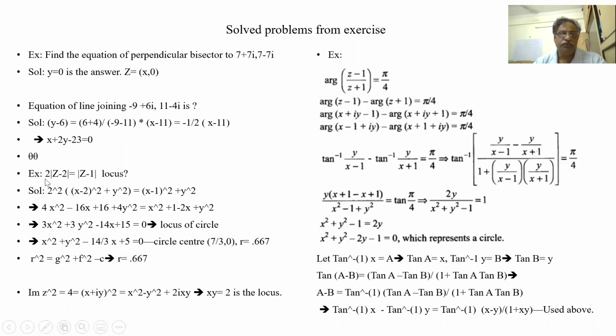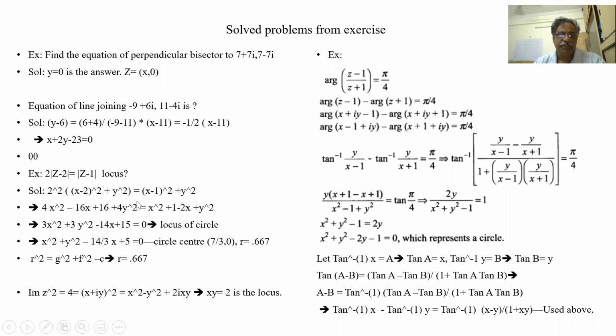Now, if 2 into mod of z minus 2 is equal to mod of z minus 1, what is the locus? Let z is x plus iy. So x minus 2 whole square plus y square is the mod of z minus 2, and x minus 1 whole square plus y square is the mod of z minus 1. Since mod is the square root of that, the square root of this is 2 into the square root of this is equal to the square root of this. I have removed the square root, so I put 2 square also here.